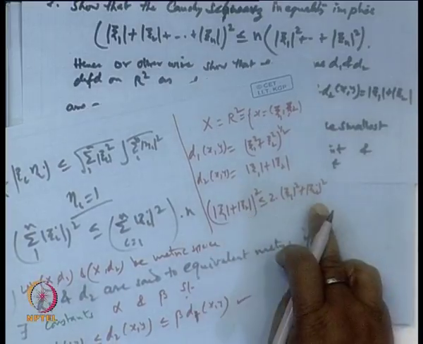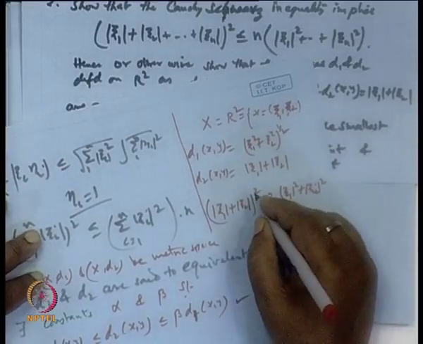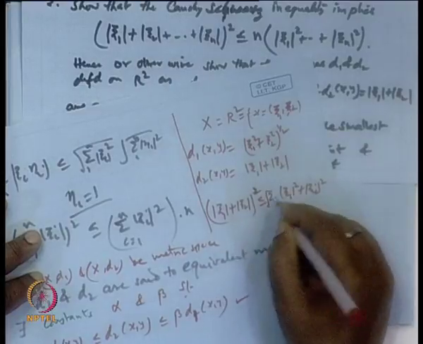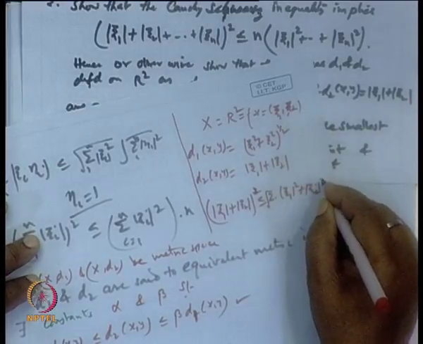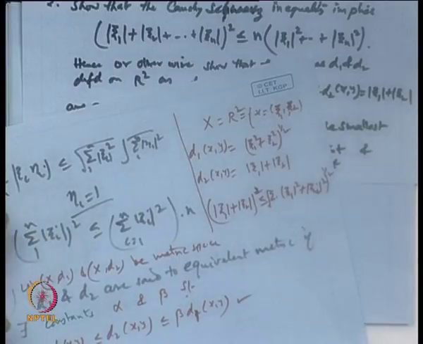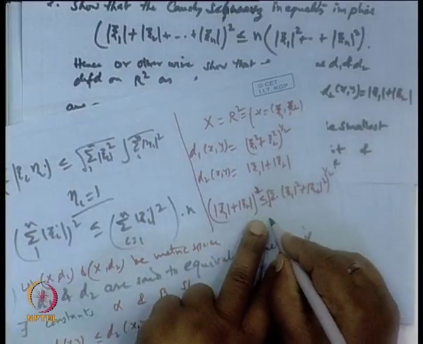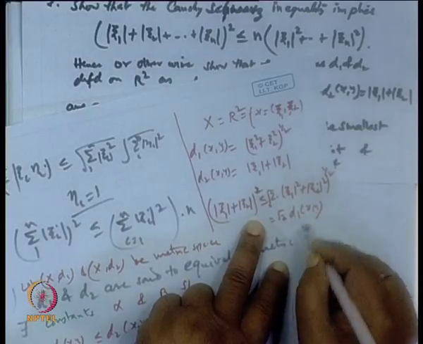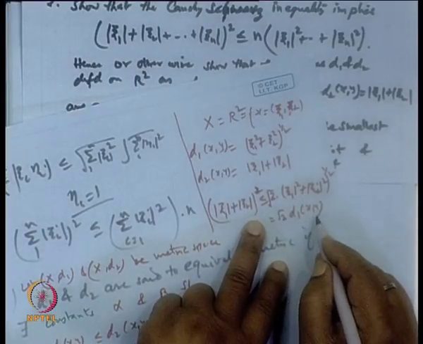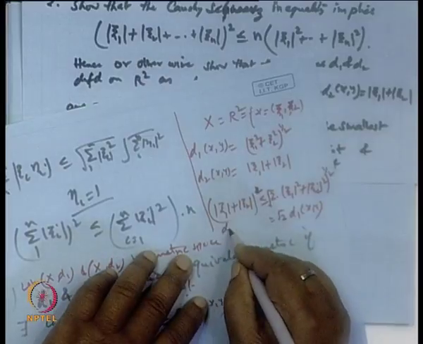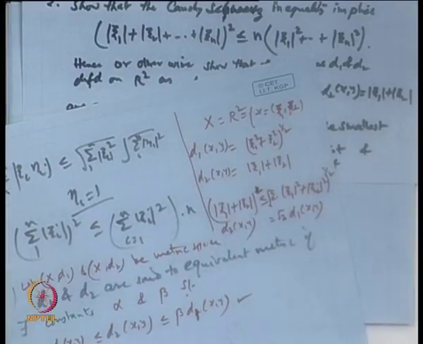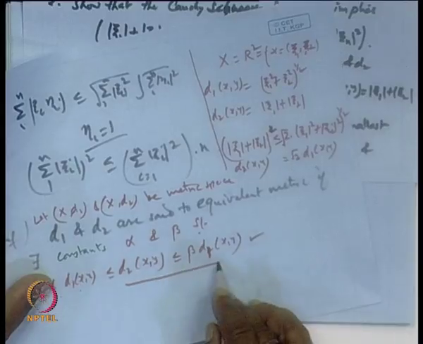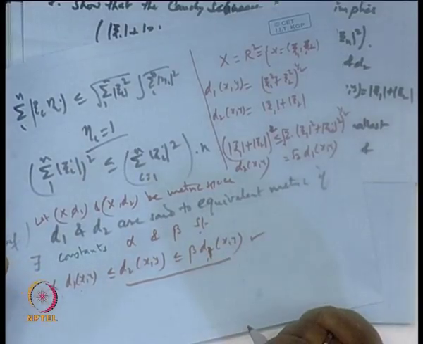So, take the power half on both sides. What you get is root 2 times d1(x, y), is it not? And what is this? This is equal to d2. So, one way it is true, and beta comes out to root 2.